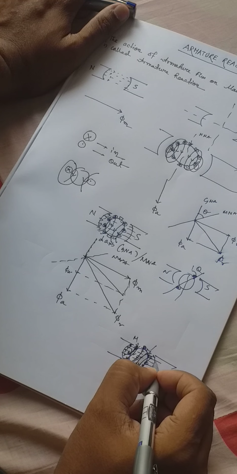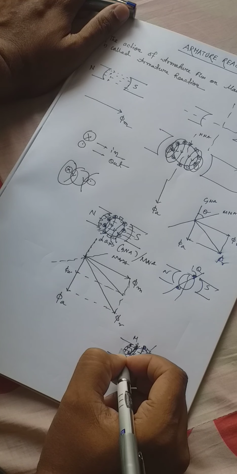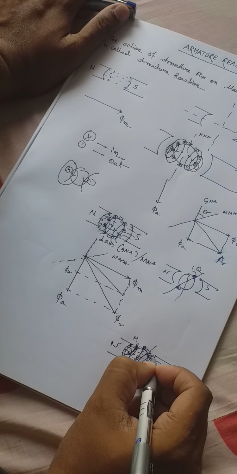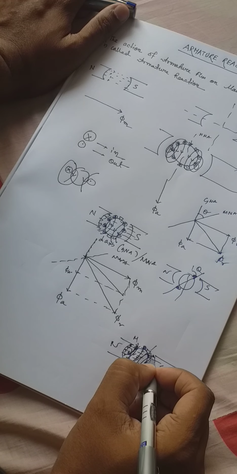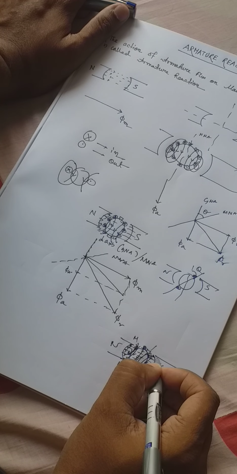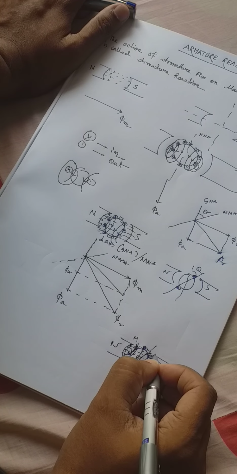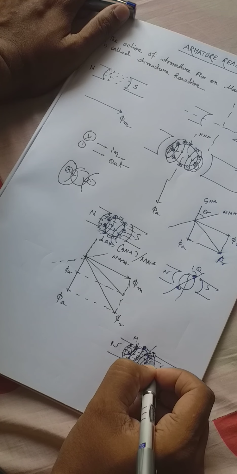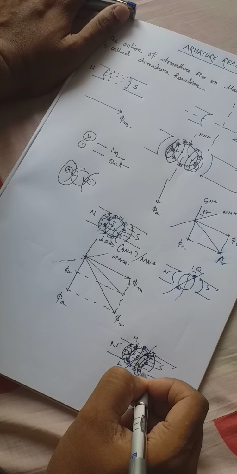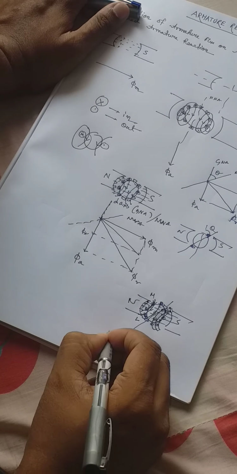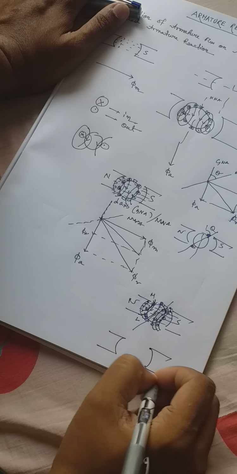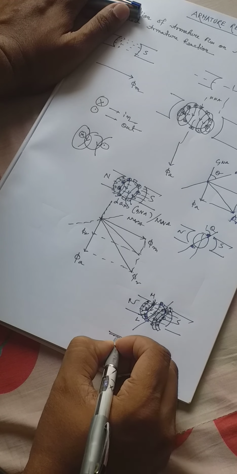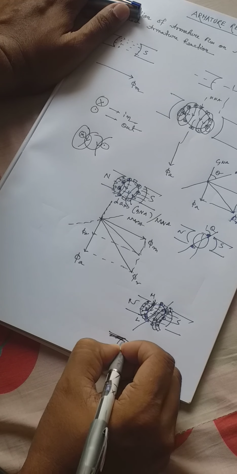Similarly, flux is coming into S, the flux is coming here, and in this position the flux direction is that way. So this flux is nullified and this flux is additive. So the total resultant flux is this way.